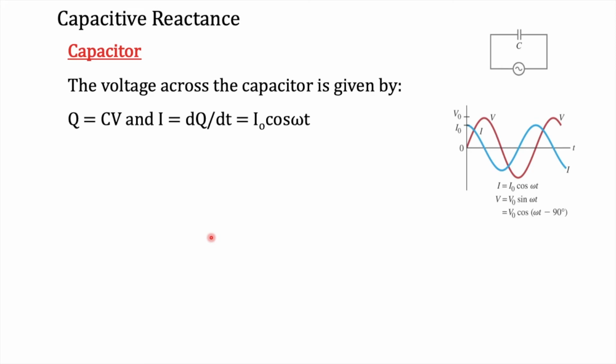And now the capacitive reactance. So we put a resistor in series with AC, resistor, inductor, and now the capacitor.